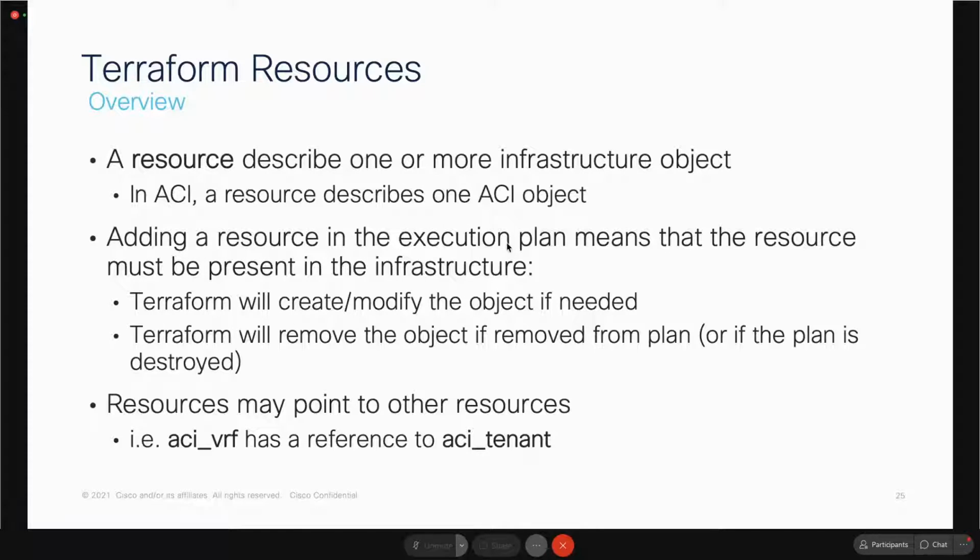It can be a tenant, it can be a bridge domain, an EPG, whatever object you can think of in ACI. When we add this resource in our config, that is telling Terraform that we are expecting to have that in our infrastructure. And from that moment, Terraform will do whatever is needed to get that resource configured. It will configure it from the beginning, it will modify it if it's needed, or it will delete it if you remove it from your config later.